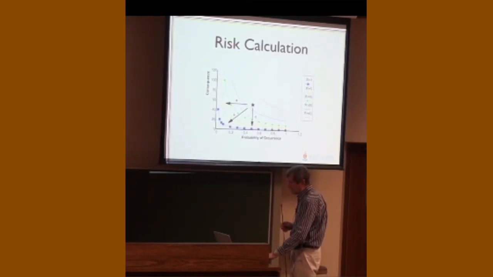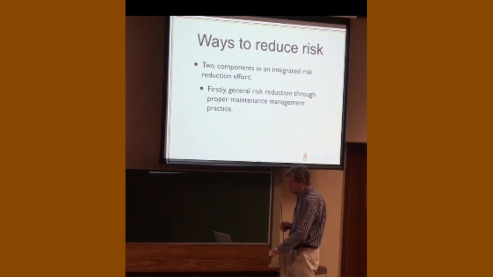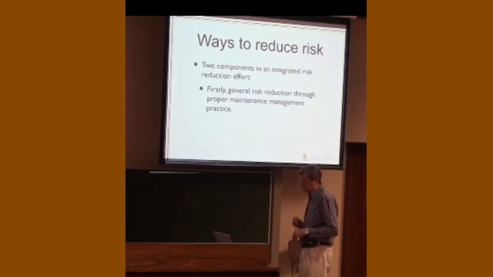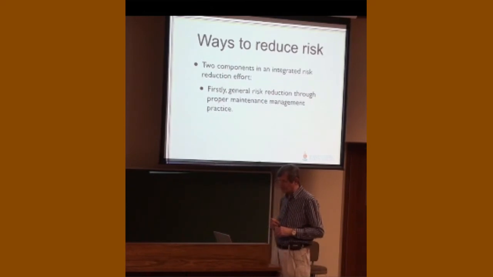So what are the ways to reduce risks? We say there are two components in an integrated risk reduction effort. Firstly, one can generally reduce your risk through a proper maintenance management practice.